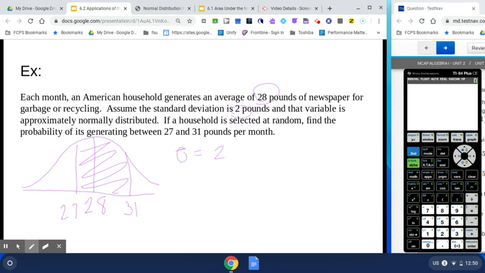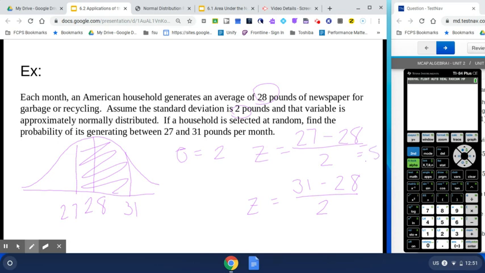So using that z-score formula, we're going to first transform the 27 minus the mean of 28 divided by the standard deviation of 2. And then we're going to transform the 31, again, both into z-scores. So if we do that math, our first z-score is negative 0.5.